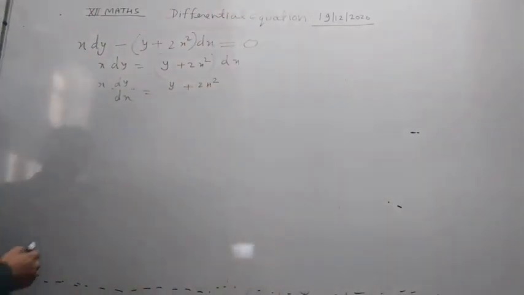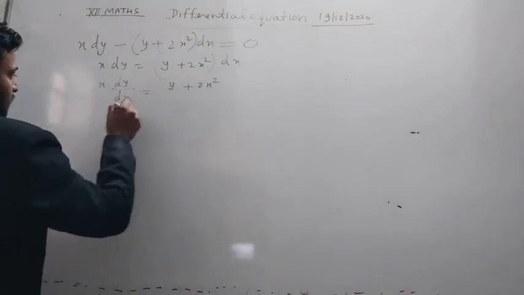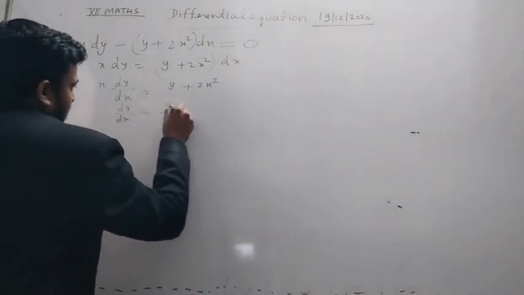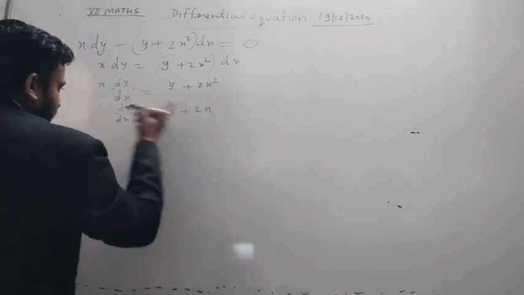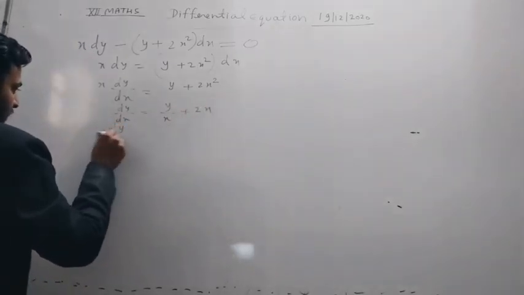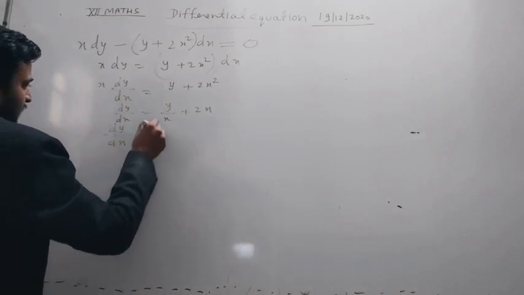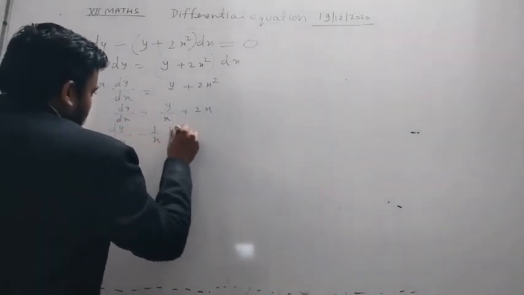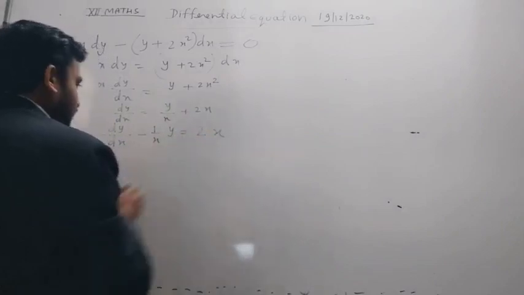Okay, divide this whole term with x, so we write dy by dx is y by x plus 2x. Take this to the left hand side and this is dy by dx minus 1 by x y, which is equal to 2x.